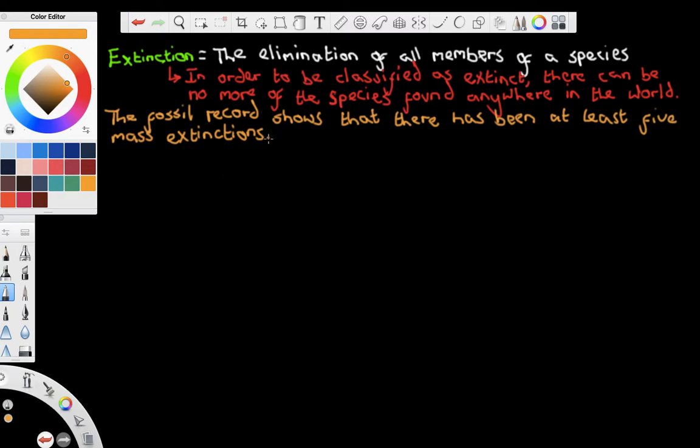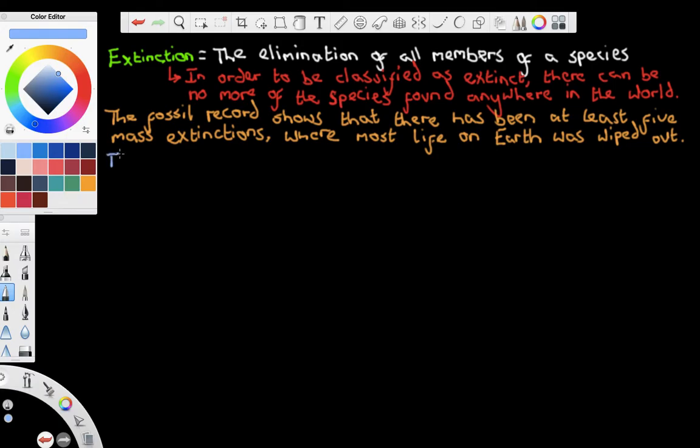So we can put comma where most life on Earth was wiped out. Okay? Now, there are lots of different factors that can cause the extinction of a species, and we need to talk about each one.